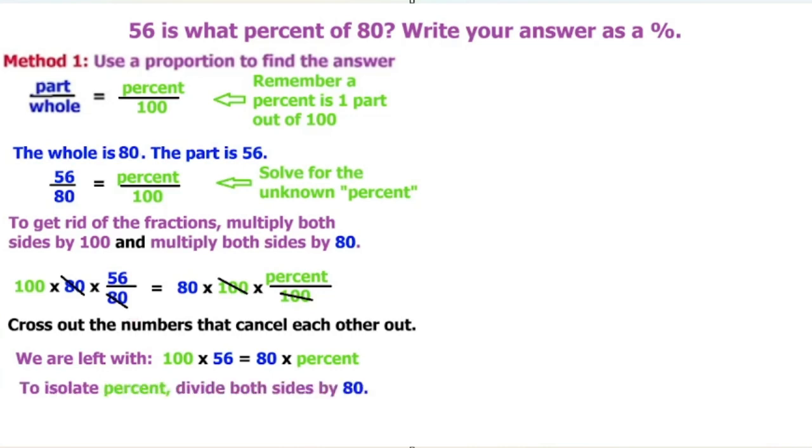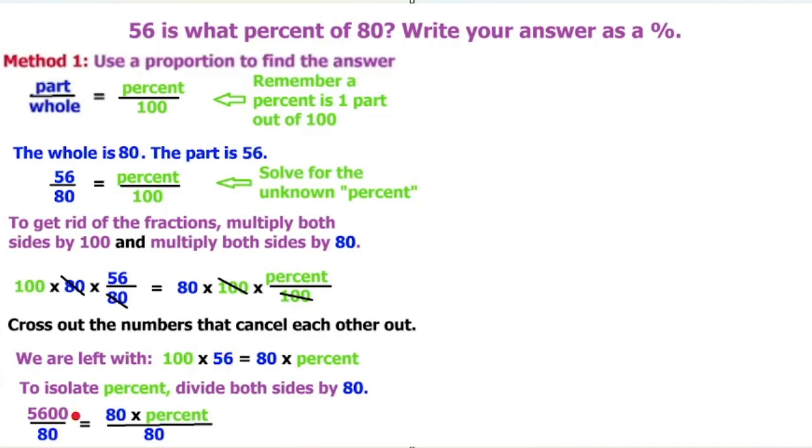But now we need to isolate percent, okay? We need to isolate this to get the answer. So divide both sides by 80. Okay, so divide both sides by 80 and it'll get rid of this 80 on this side. So then you'll have percent by itself. So 100 times 56 is 5,600.